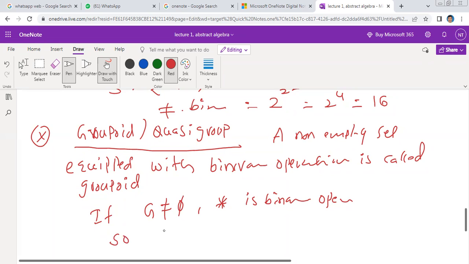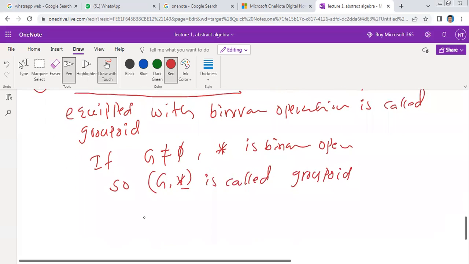So G comma star is called a groupoid. When G comma star is a groupoid, our operation is star. Suppose I'm taking two elements in G, a comma b belongs to G. Their operation is star, so a star b also belongs to G. By default, this is called the closure property.